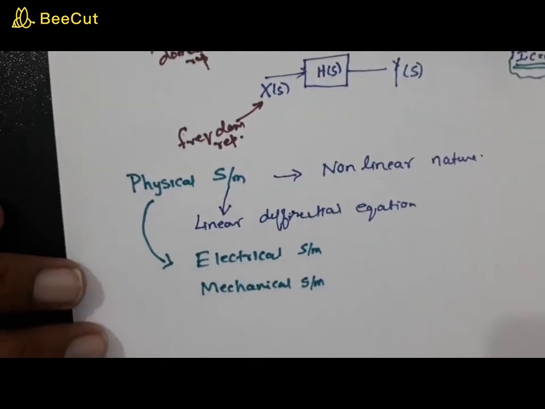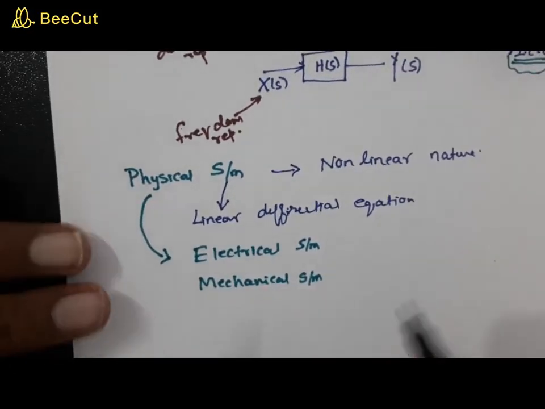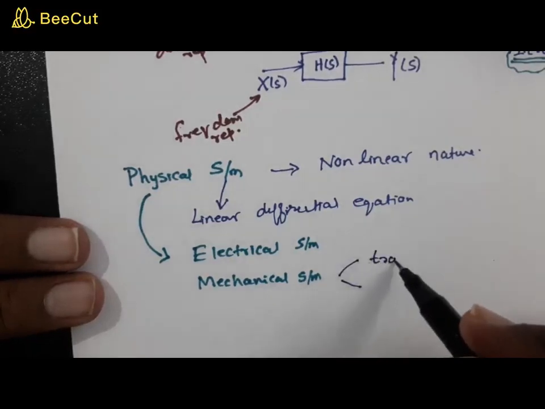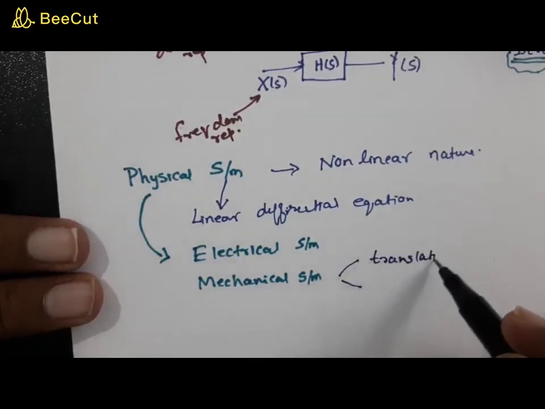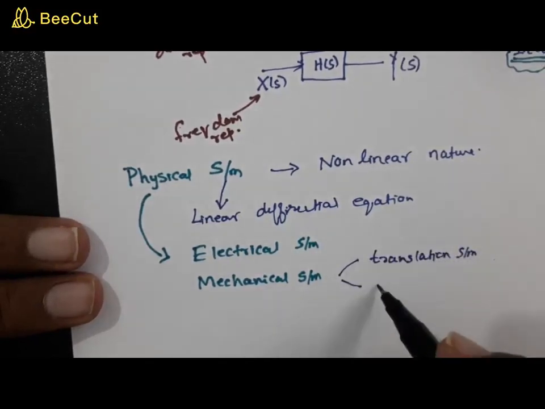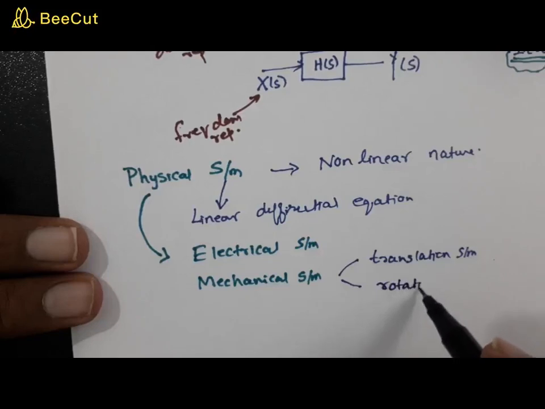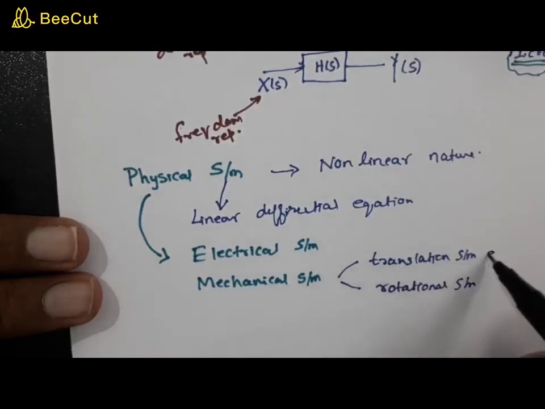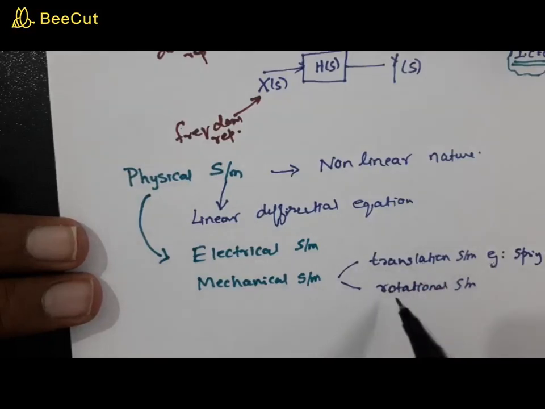While mechanical systems can be classified as translational systems, that is, based on displacement, or they can be rotational systems. Say, for example, an example of a translational system is a spring balance. The motion is only in one direction, so that's why it is a translational system.